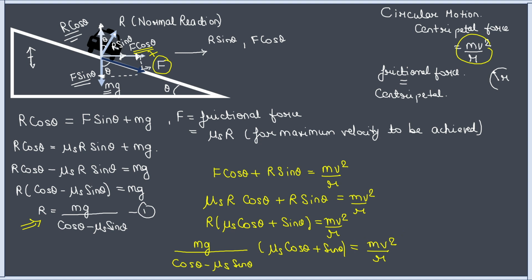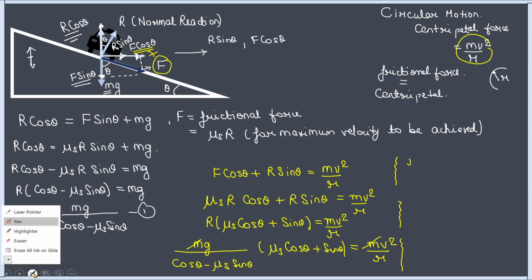Now I can cancel out m on both sides. So I have to find v. To find v, I have to make v the subject.